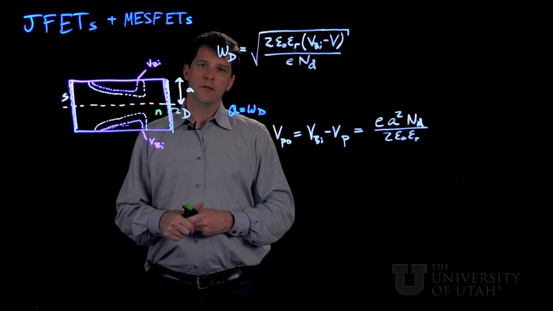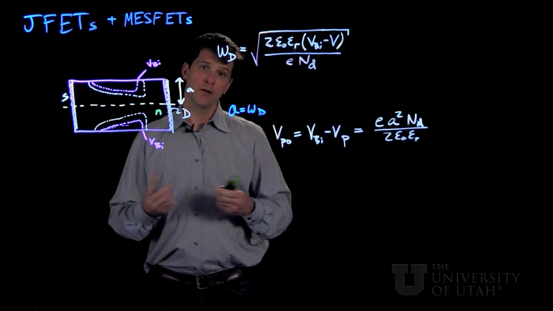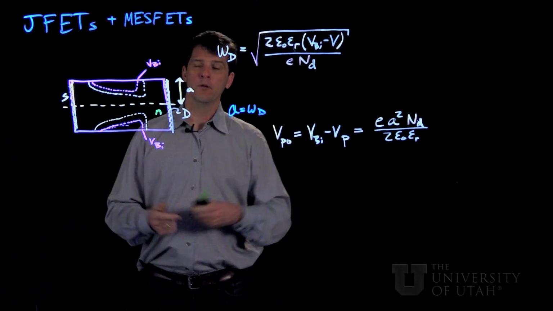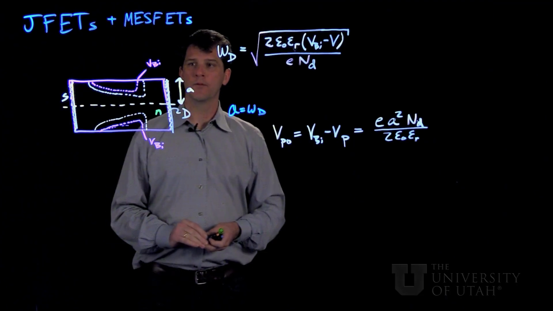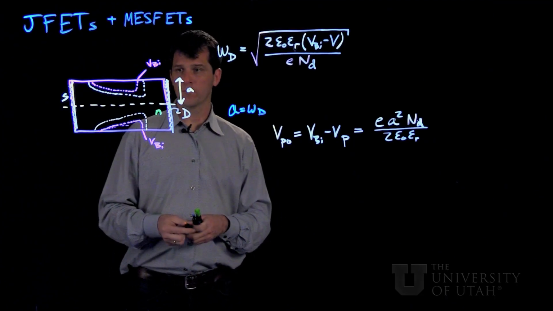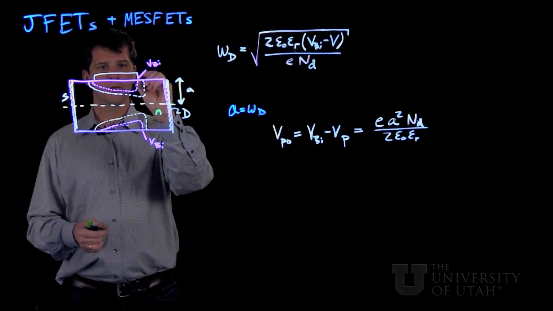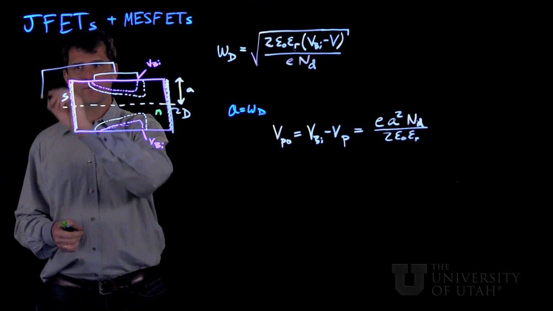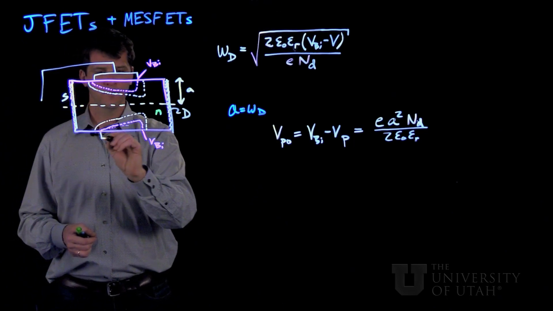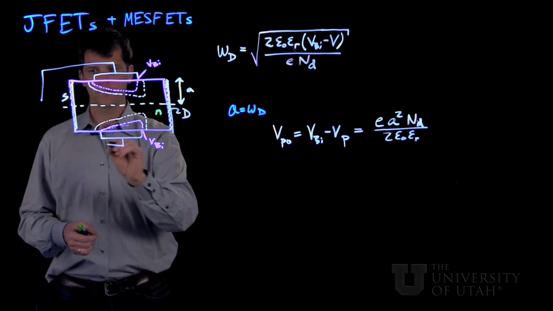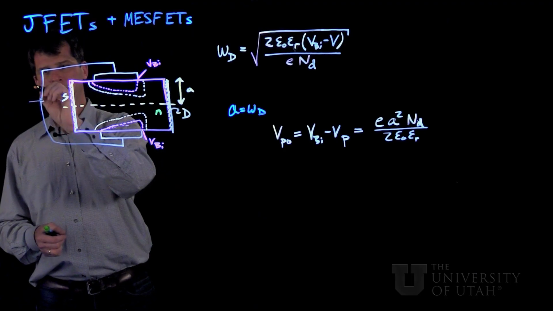So let's look at pinch off and do a quick calculation of when it will happen in terms of the applied gate bias. We have our diagram here with symmetric gates coming in from both sides on a sort of typical JFET.